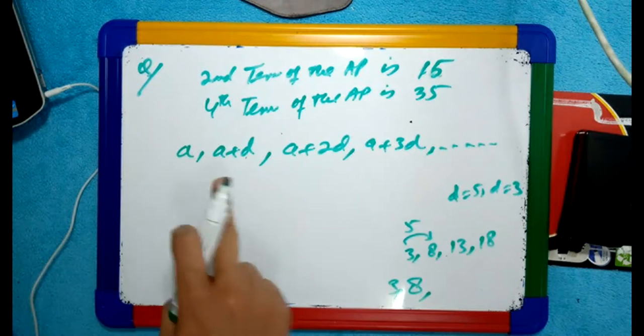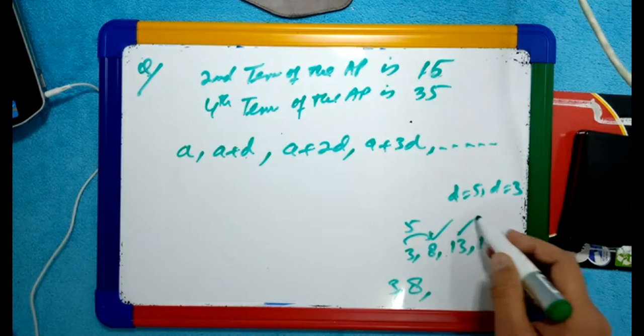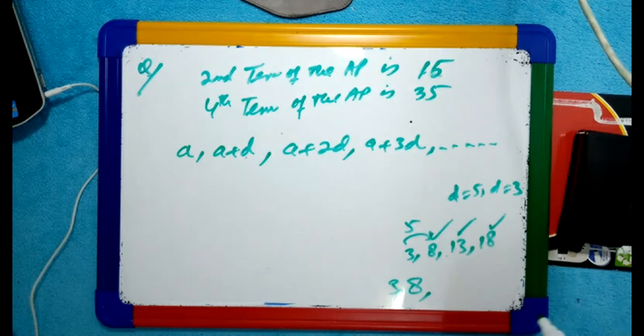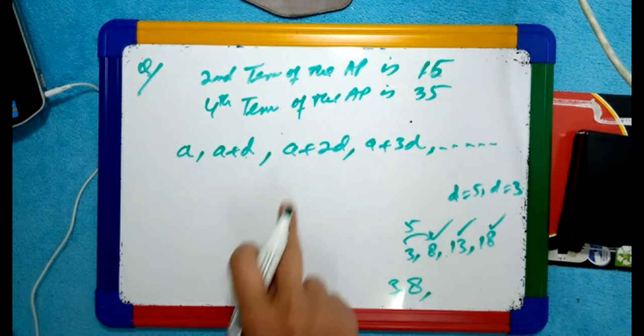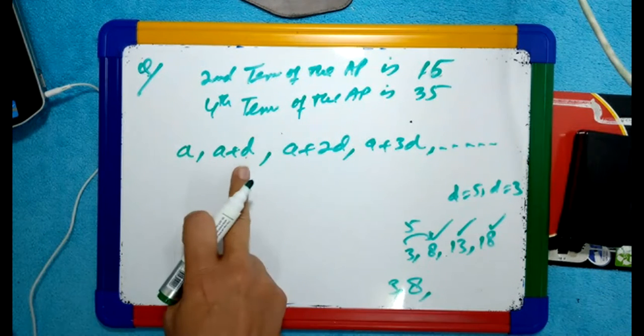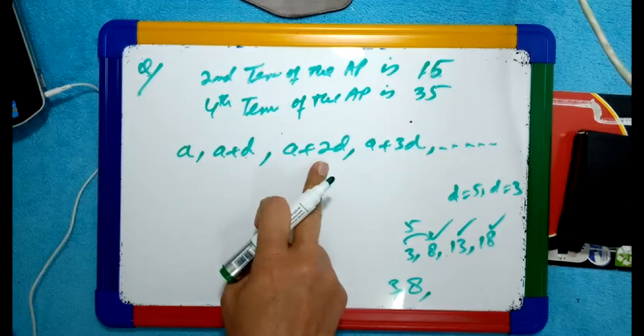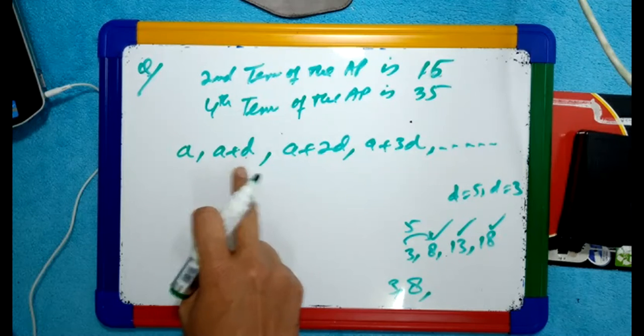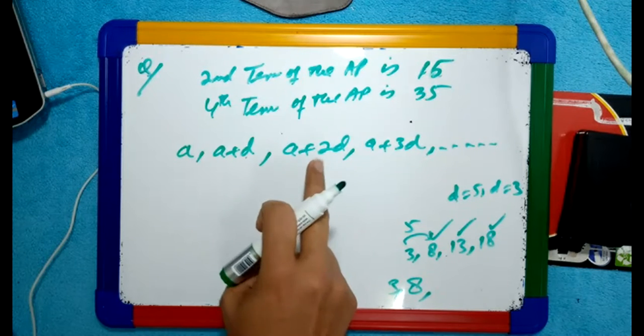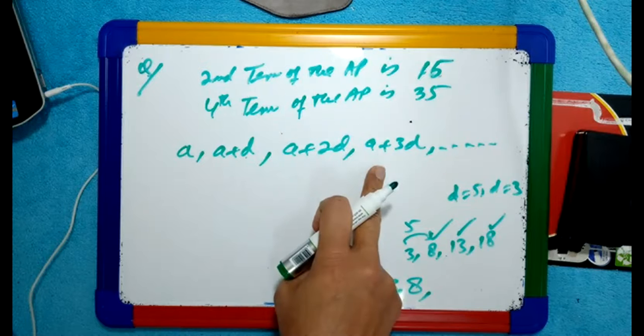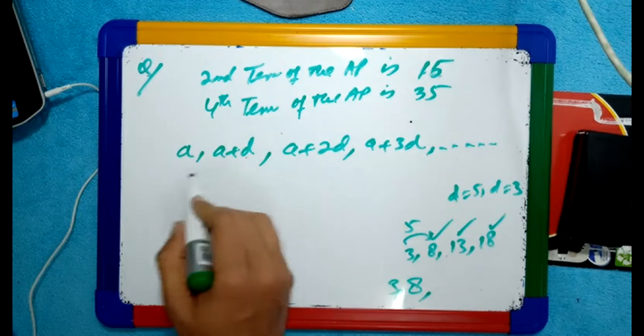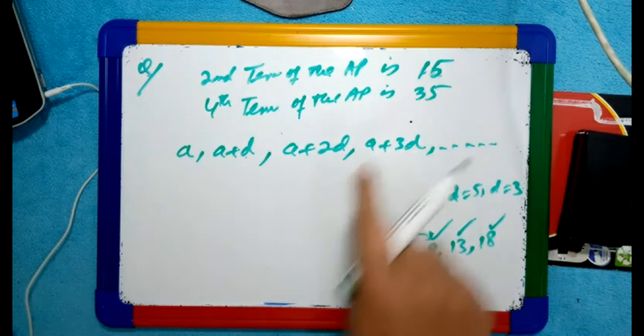This is A plus D, this is A plus 2D, this is A plus 3D, right? Every time we add the difference, we get the next one. So if I add D, I will get A plus 2D. If I add D again, I will get A plus 3D, right? So these are the general values.